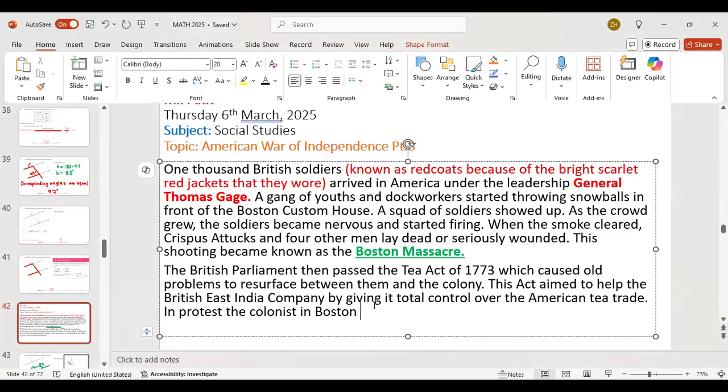And they celebrated in some way or another. Very good. So they threw it away. They're like, you all want this? We can throw it away. Oh no, my tea. So they did that in revolt.